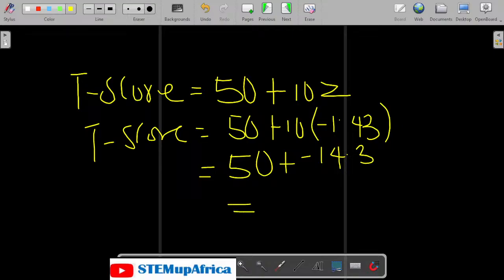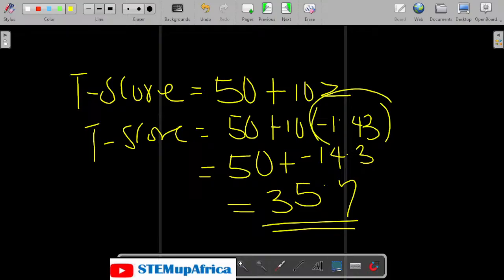Let me subtract it: 50 minus 14.3 will give us 35.7. This is now your T-score from the Z-score of minus 1.43. You are going to do the same for the next values, to get to the end. So that's the way to calculate your T-score and Z-score. I hope that's clear.